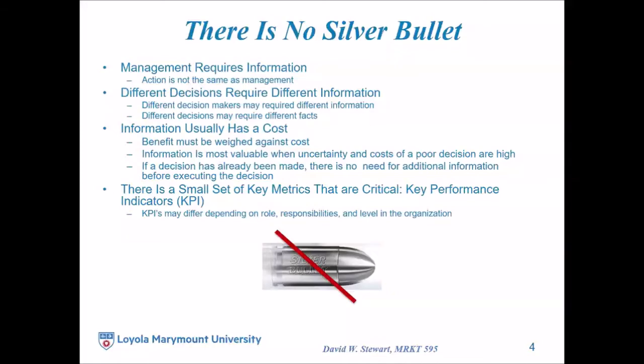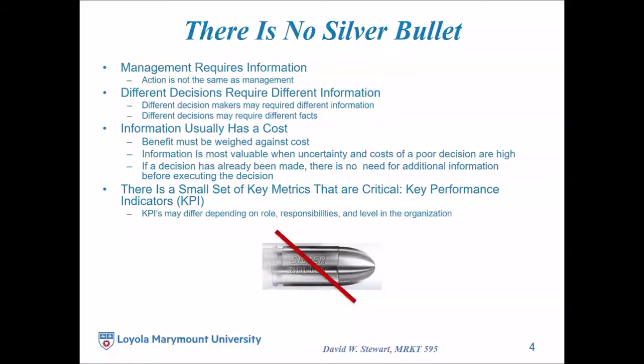Most of the information you're going to look at will have some cost, and you've got to weigh the cost of obtaining the information relative to the benefit. As we've said before, information is most useful when uncertainty is high and when the cost of being wrong is high. But in any given job, there's probably a small number of really critical metrics you need to be paying attention to on a regular basis.